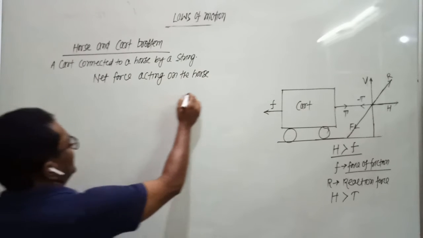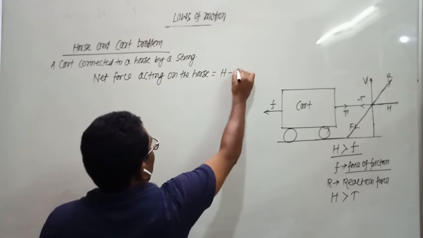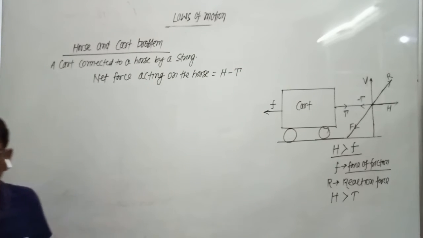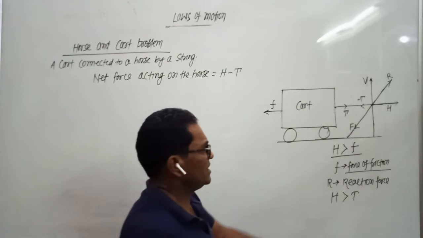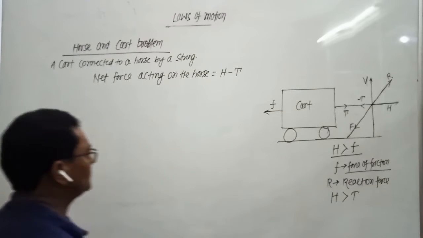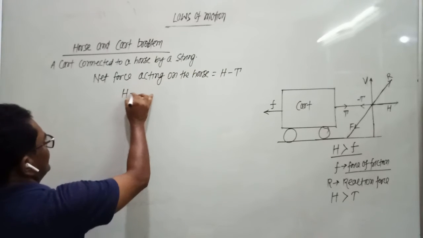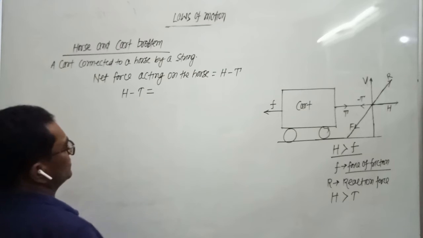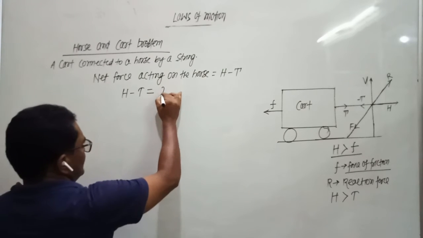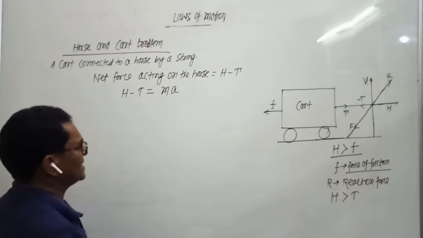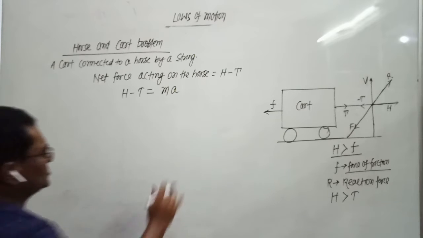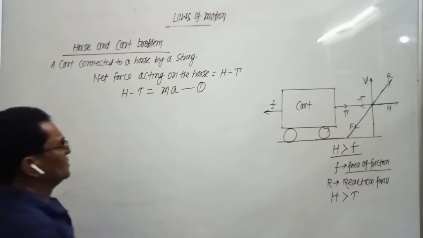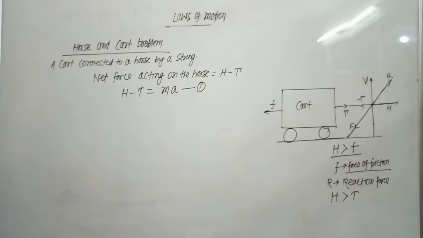So the net force acting on the horse is H minus T. This net force is equal to the resultant force, and from Newton's second law, the resultant force is mass into acceleration. So H minus T equals M into A.